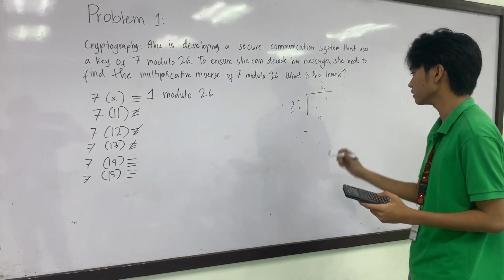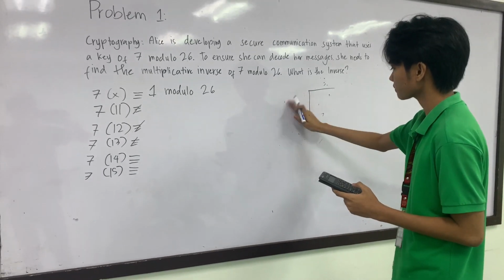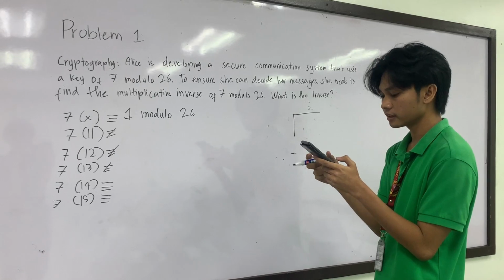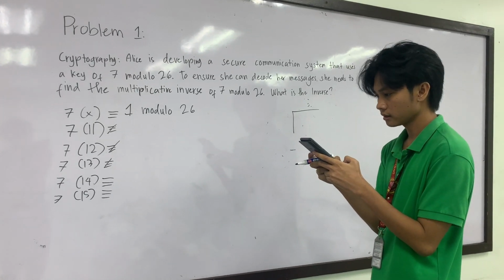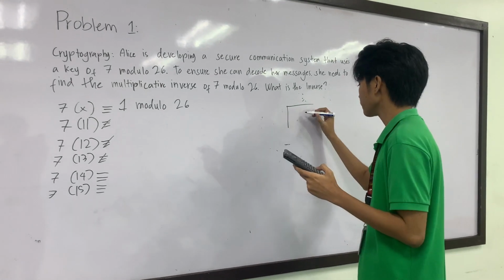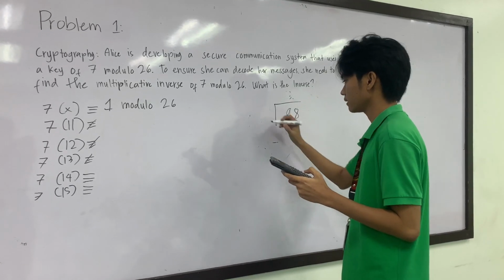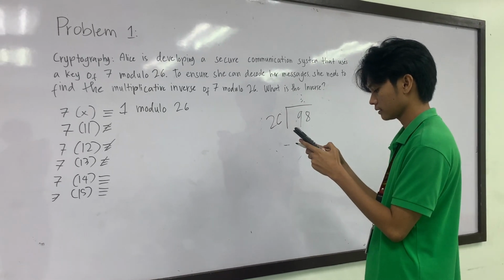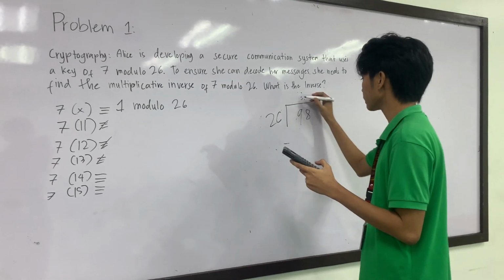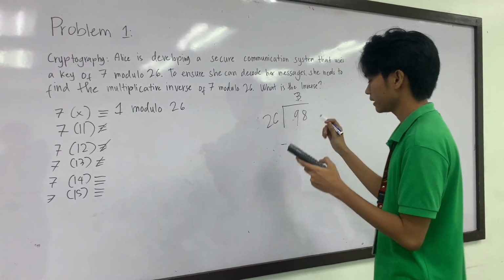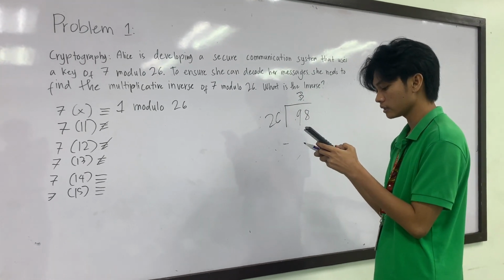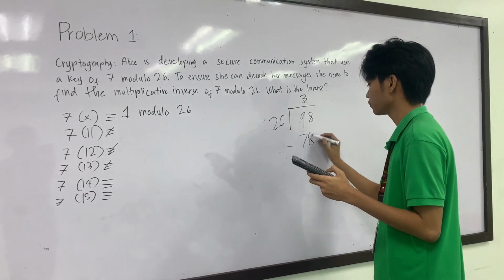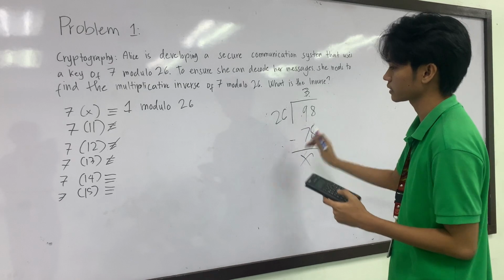Next is 14. 7 times 14 equals 98. 98 divided by 26 is 3, and 3 times 26 is 78. So still not the inverse.